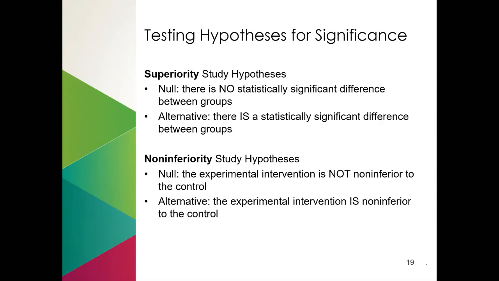So you have to say that it's not non-inferior if you don't meet that threshold. And then the alternative is that the group that received the intervention is non-inferior to the control group.